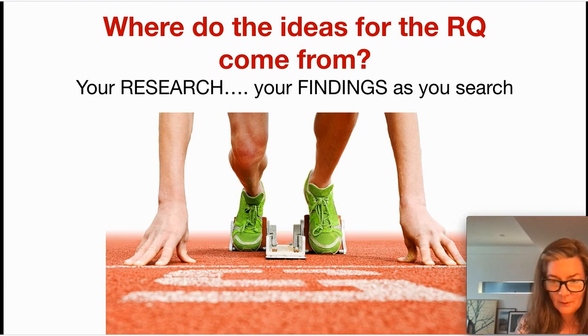So remember, the research question comes from ideas that you gather in your research, in your searching. That searching process is the only way for you to know that your research question will work, because you're able to see what's out there and what evidence you can gather. Alrighty?